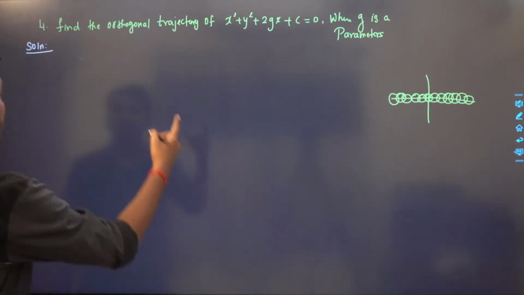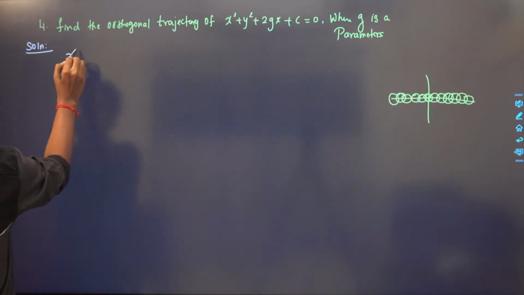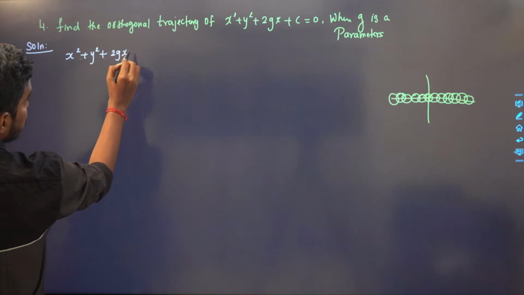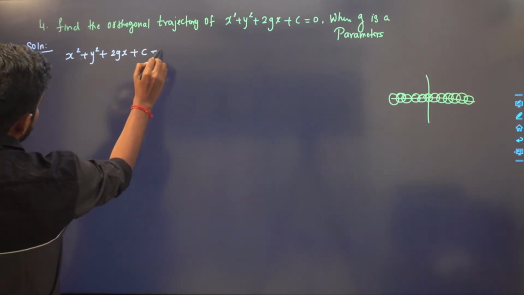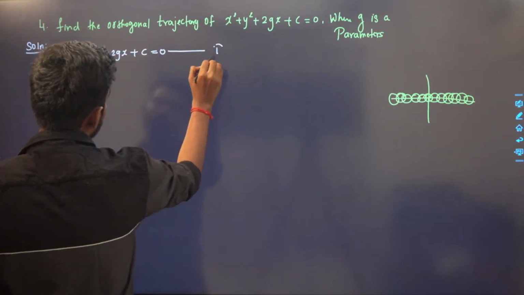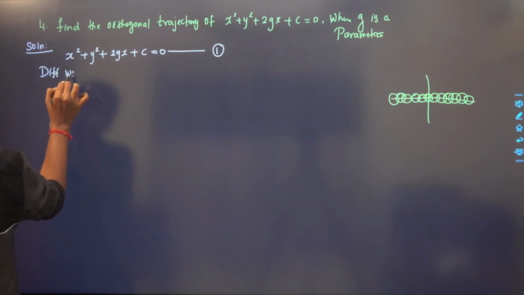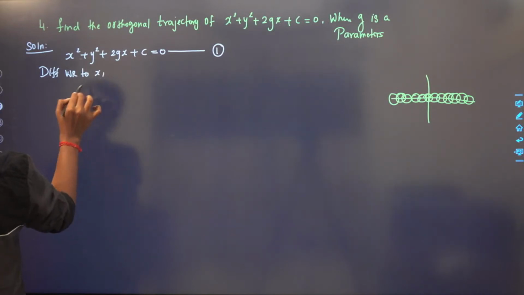Very important. So first we have x square plus y square plus 2gx plus c is equal to 0, right? Call this equation number 1. Differentiate with respect to x.